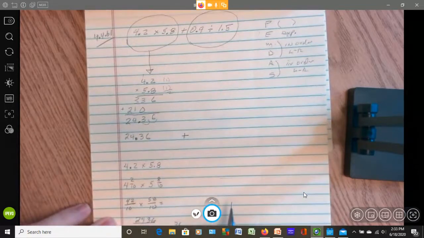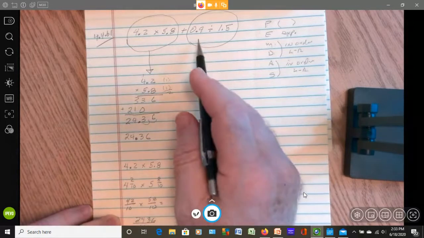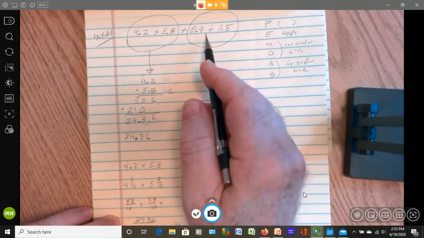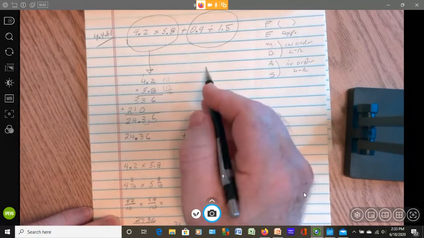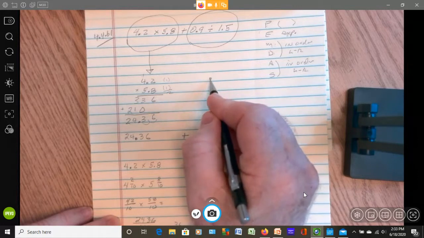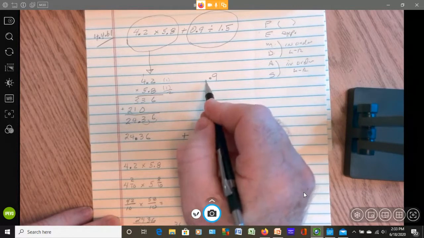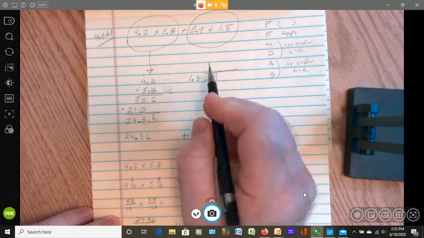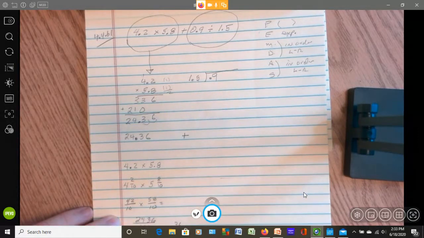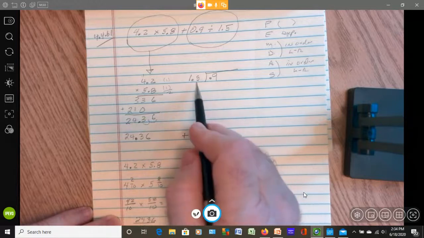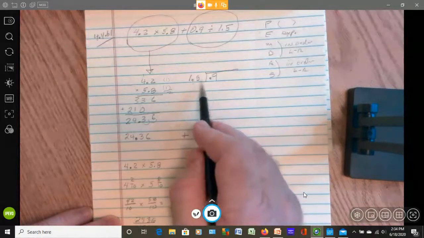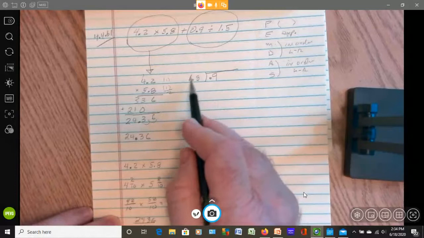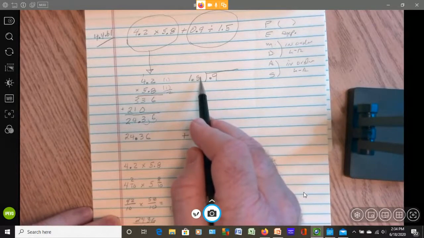Now back to this. Okay, so this is division, right? So this is just going to be 0.9 divided by 1.5. Now, how do you do decimal division? Well, you have to convert your divisor, which is this thing here, to a whole number.